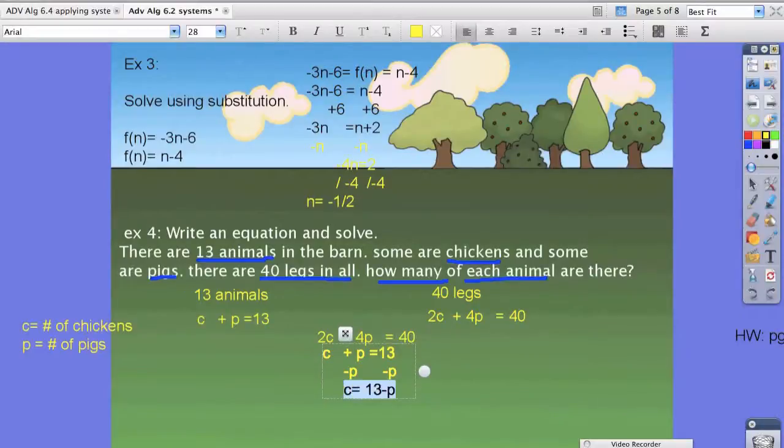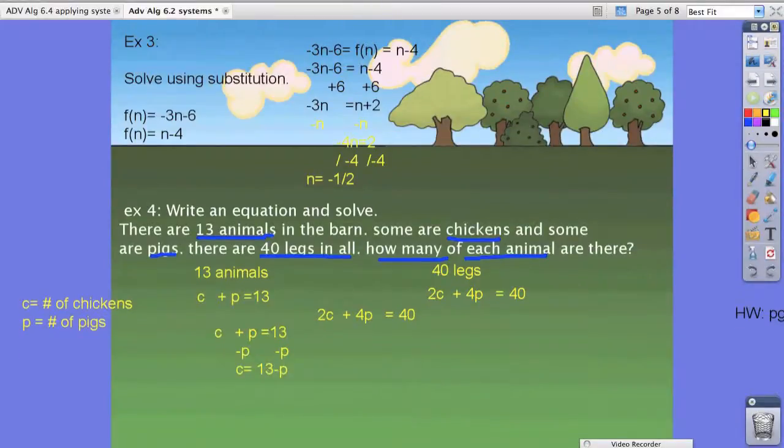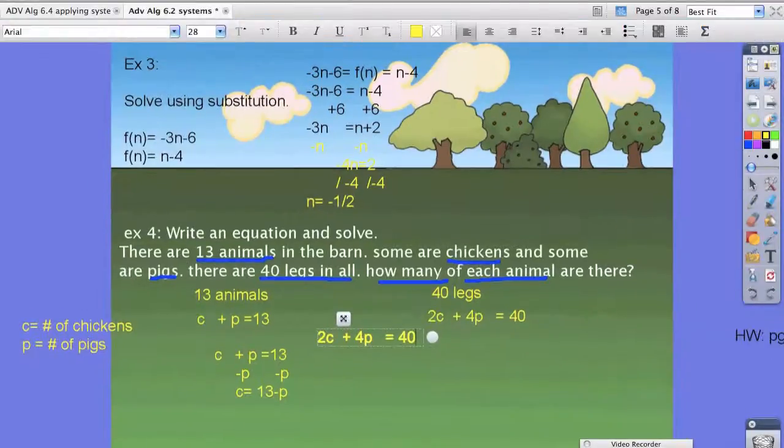So now we know that c is equal to 13 minus p. So we're going to use these interchangeably. Anytime we see c, I'm going to replace it with 13 minus p in the second equation. So here goes. 2 times, not c, but 13 minus p, plus 4p equals 40.